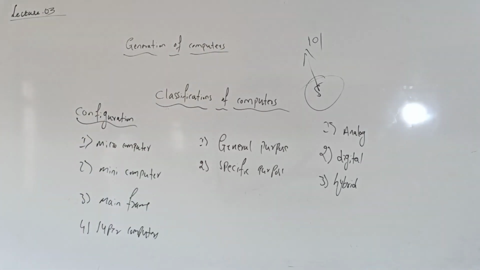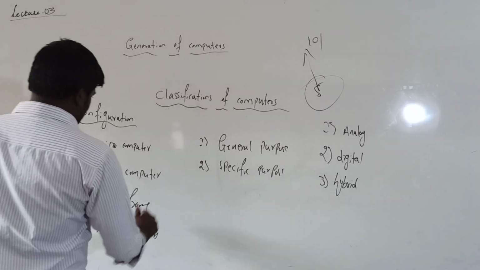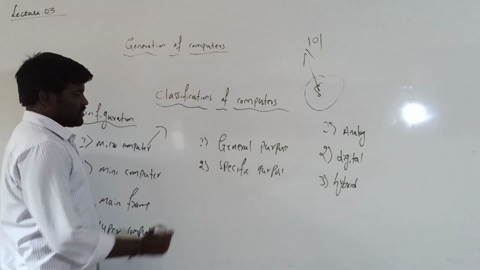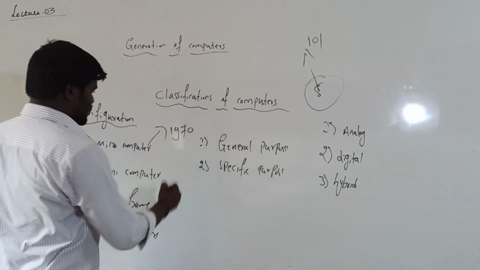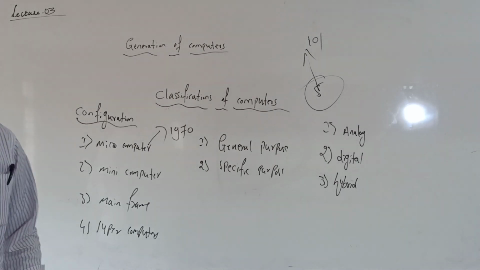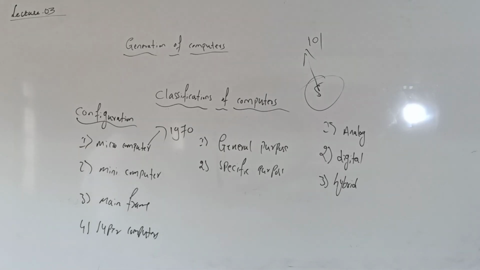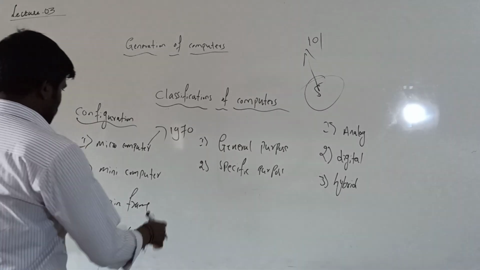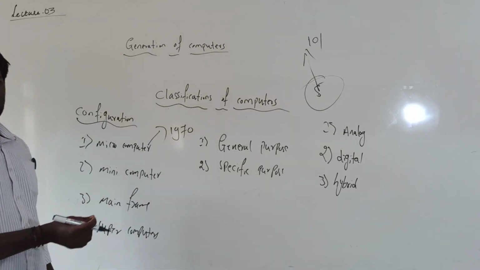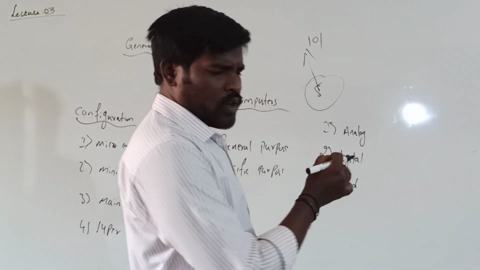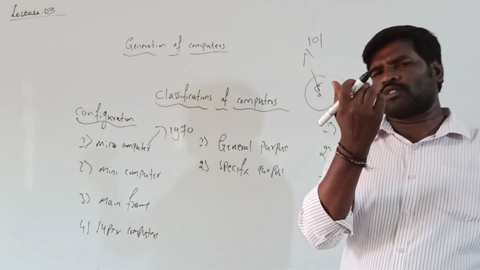Okay, so the first one is microcomputers. Microcomputers were introduced in the year 1970. That is nothing but the personal computer, that is desktops. Presently we use them in homes, offices, schools, colleges, wherever you go.